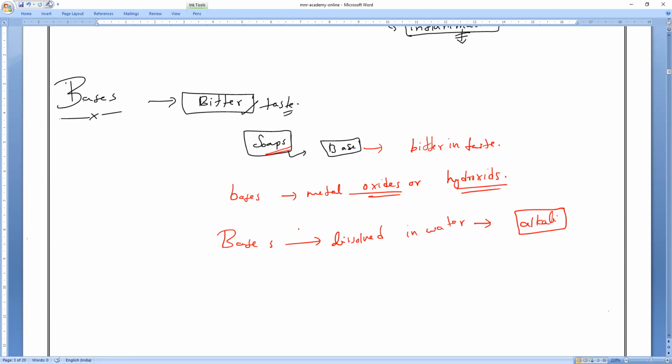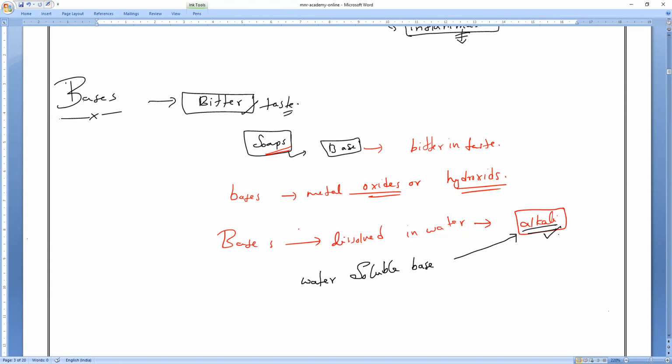You have to remember that. But what do you mean by alkalis? Alkali means soluble base. Water soluble base is known as what, guys?